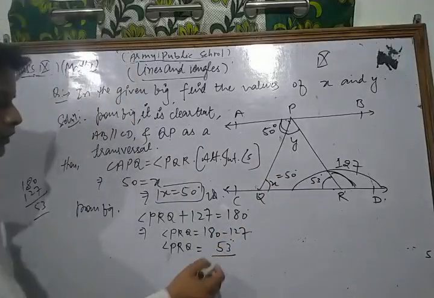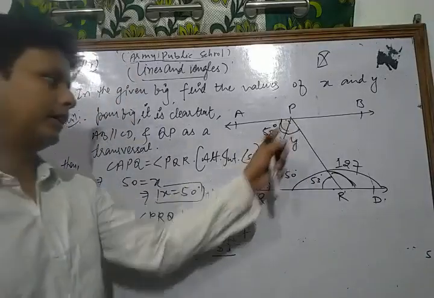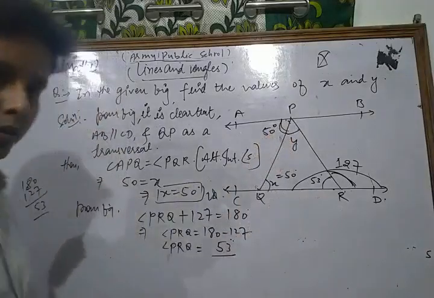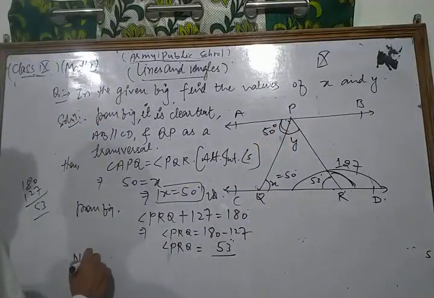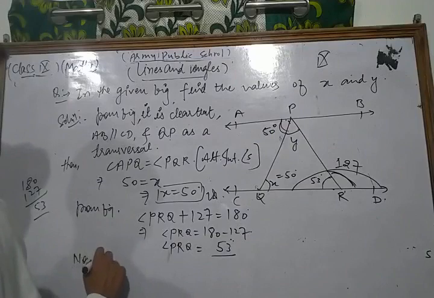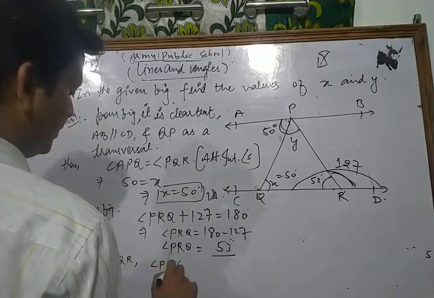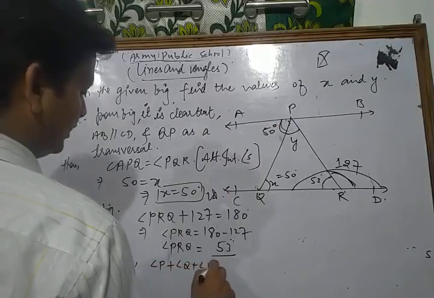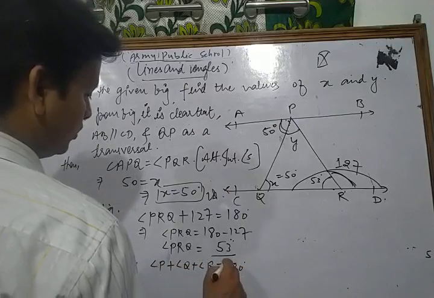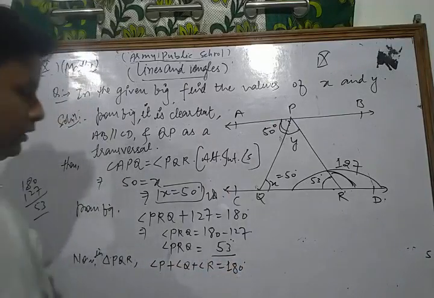Now we apply the angle sum property in triangle PQR. In triangle PQR, angle P plus angle Q plus angle R, the sum of all these angles is equal to 180 degrees.